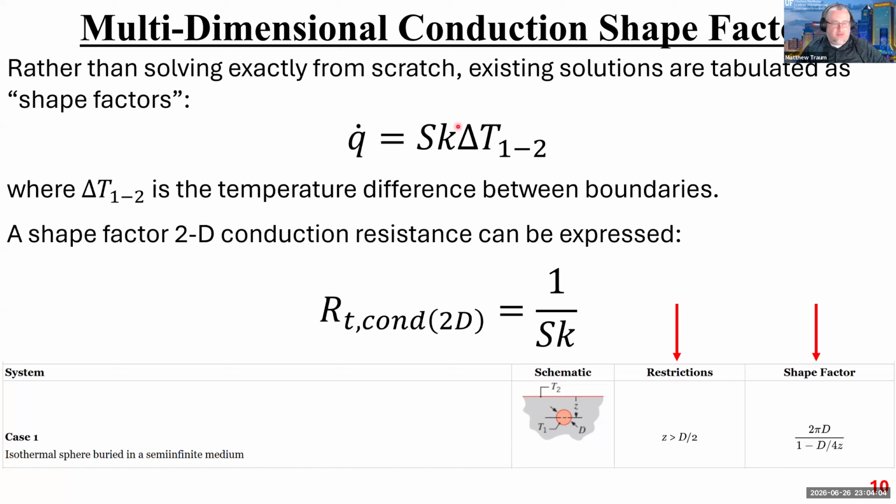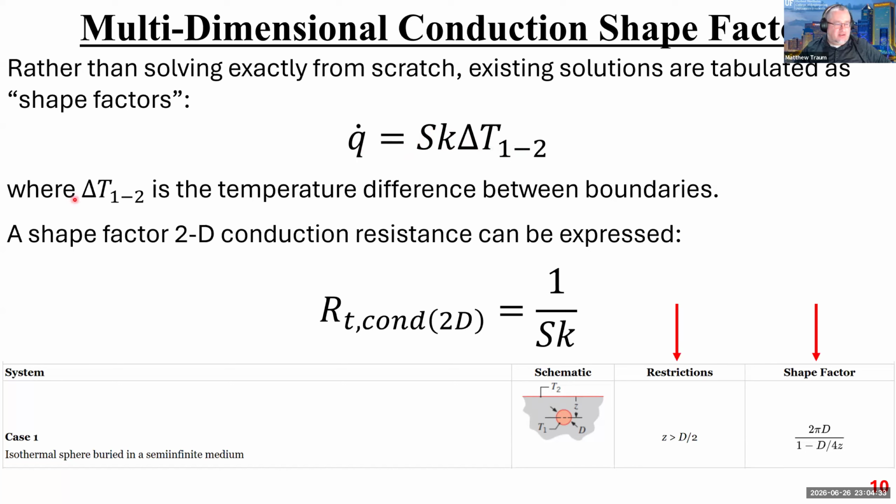The way that shape factors are formulated is basically the same heat transfer equation that we've always seen for conduction, except it gets modified by this thing called S, where S is the shape factor. So Q dot, the rate of heat transfer, is equal to S times k, the thermal conductivity of whatever we're dealing with, times some temperature difference between two locations of interest.